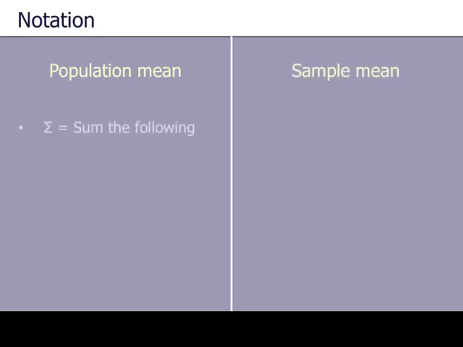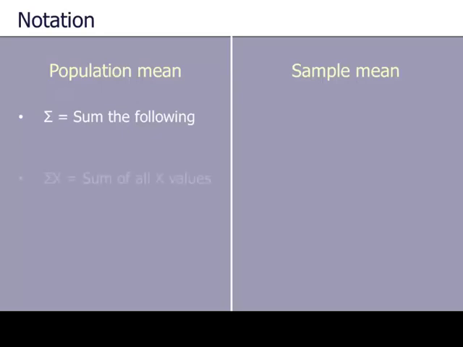Statisticians use special notation to express the formula for the mean. And that notation differs slightly depending on whether you're talking about a population mean or a sample mean. For the population mean, notation begins with the Greek letter sigma, which means to compute the sum of whatever follows sigma.